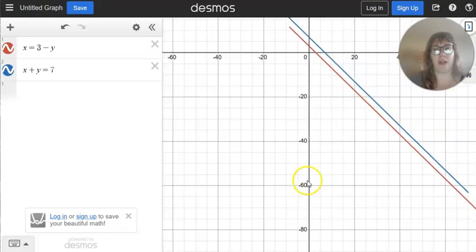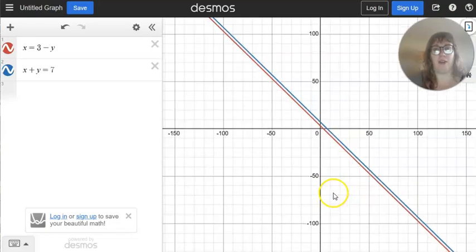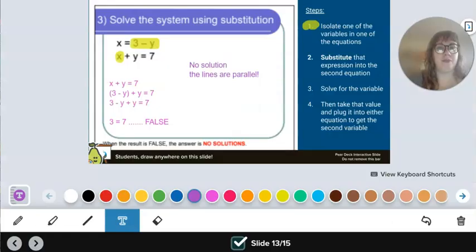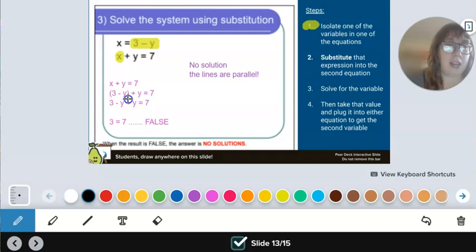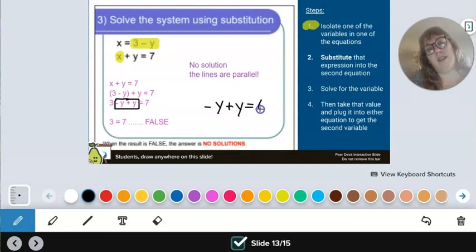You can see they're just going to be right next to each other forever. So this is an example of what no solution looks like. And again, this was because negative y plus y cancels out to 0 or 0y. So they go away, and then we just have 3 equals 7, which is false.